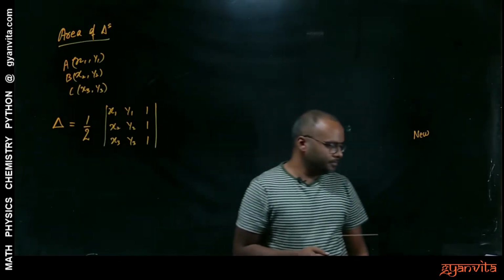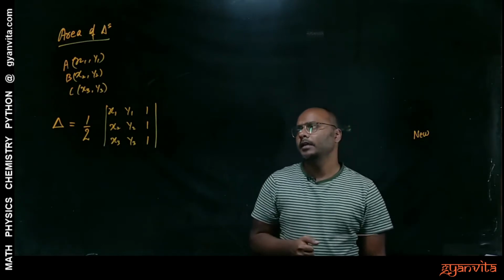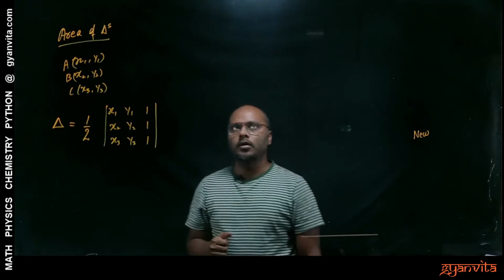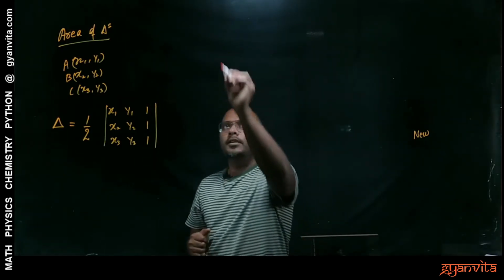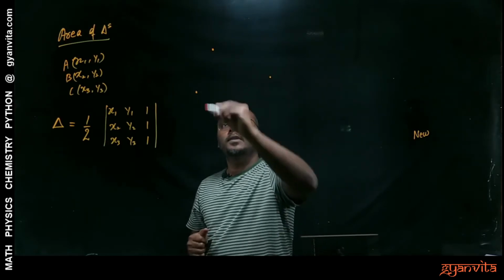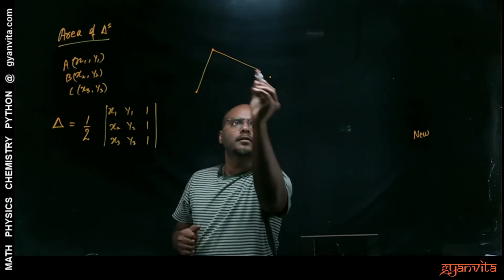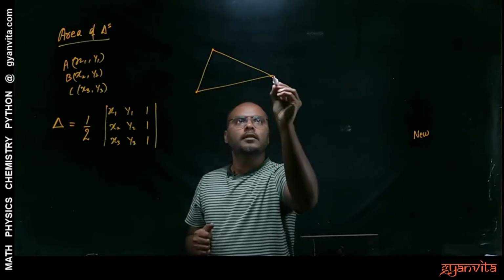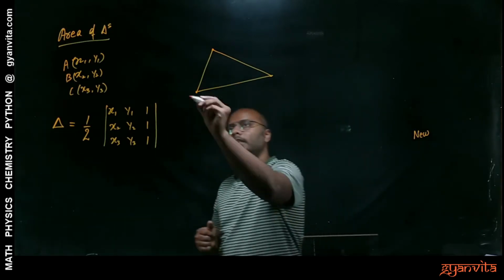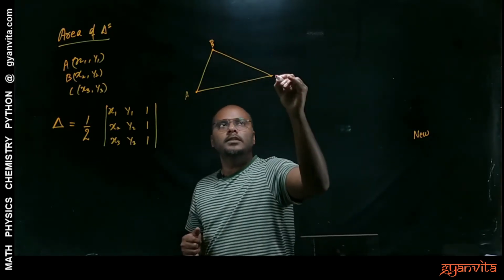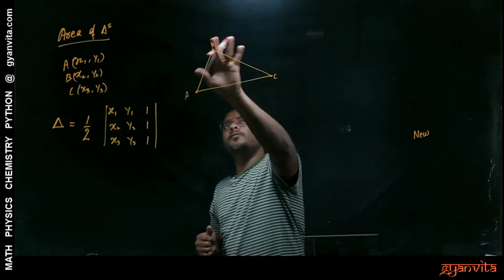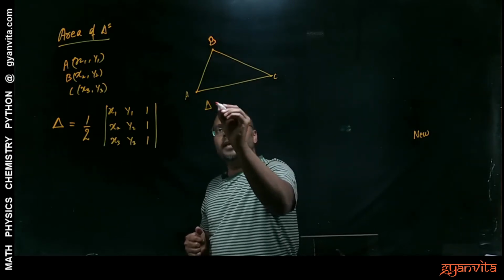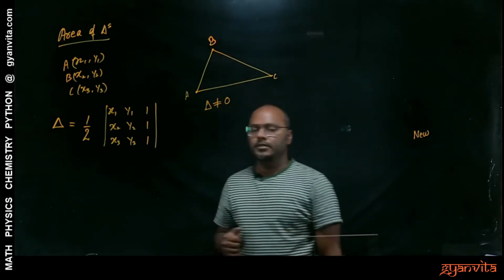Okay, next you can use this concept itself to find whether points are collinear or not. What does that mean? Let's say you have 3 points like this. You can form a triangle, right? So if you are able to form a triangle out of 3 given points, let's say these are the vertices A, B and C, and you find this area, the area will not be equal to 0 in this case.